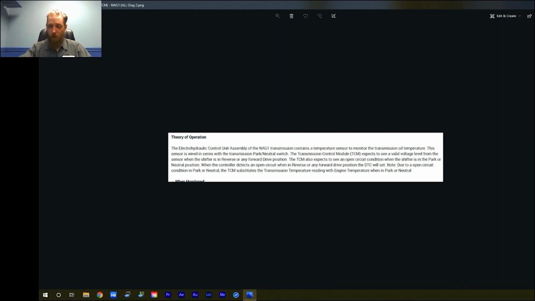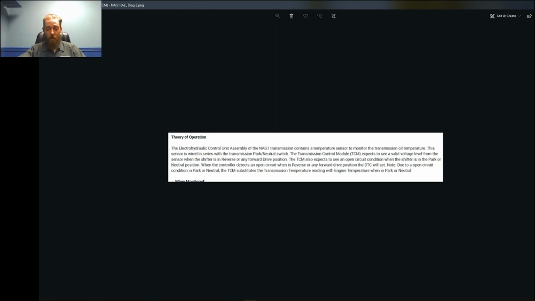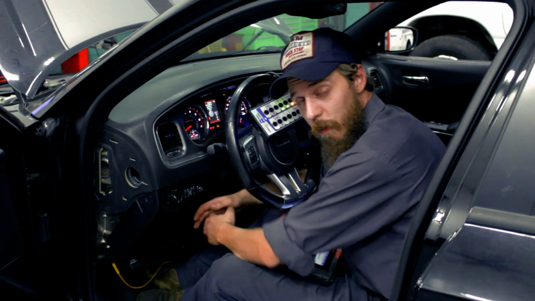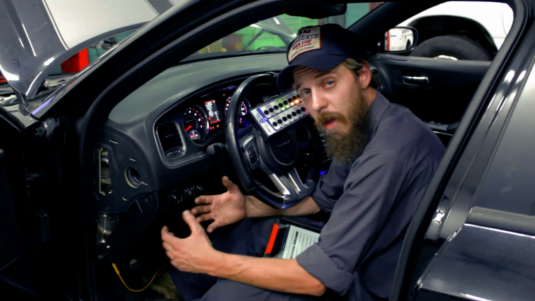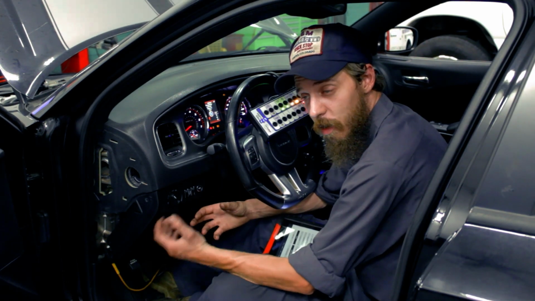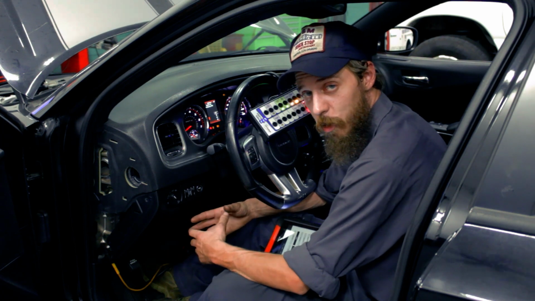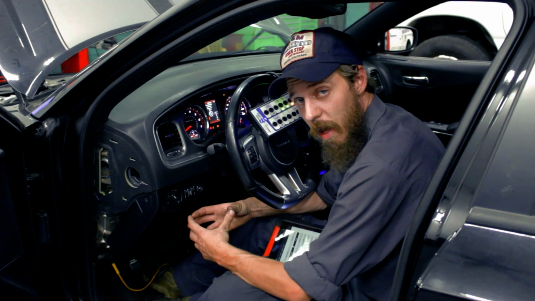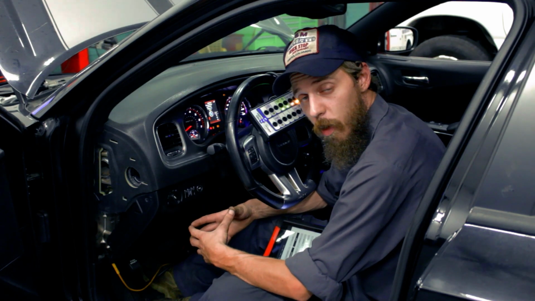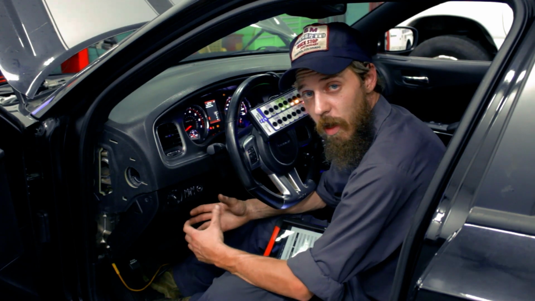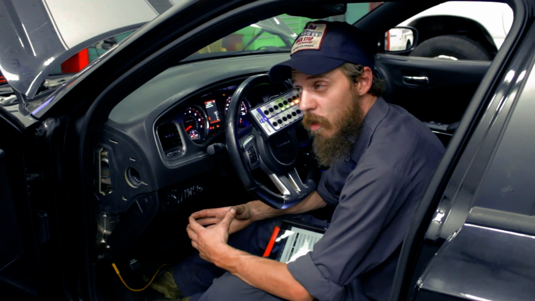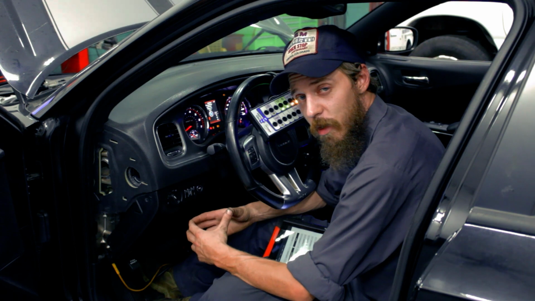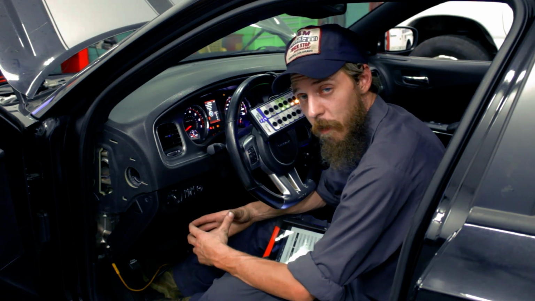I know service info can be pretty boring, and I've rambled on long enough, so let's get to it. After going through our service information and going to the next step in the chain of command, in this case the transmission control module, we read up on it. We saw some interesting data, and most importantly, the starter interlock circuit, which dictated that the transmission temperature sensor/switch is wired in series with the park neutral switch.